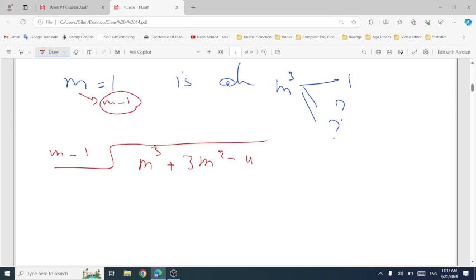To get the other values, we are going to use long division, dividing by the root that we found. Understood? You need to write down these notes, then you know how to solve them.